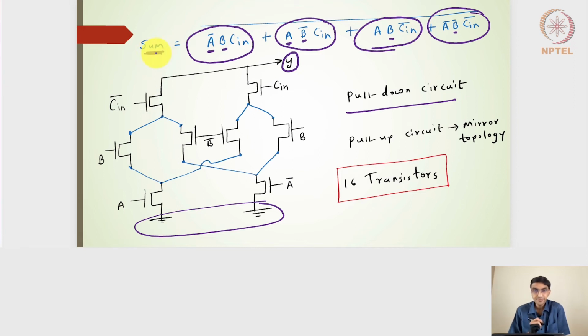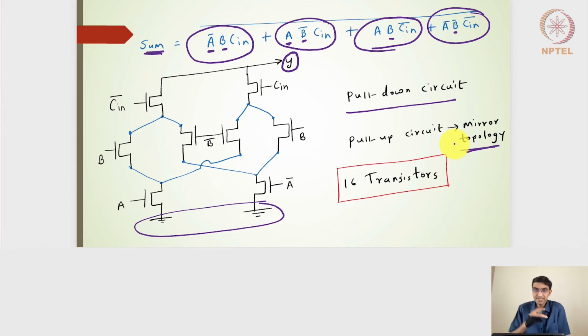Right. Remember that generally in a conduction complement topology, if I have 2 transistors in series, in the pull up side I will have the 2 transistors in parallel. Whereas in a mirror topology, it will be the same topology which goes onto the pull up side.